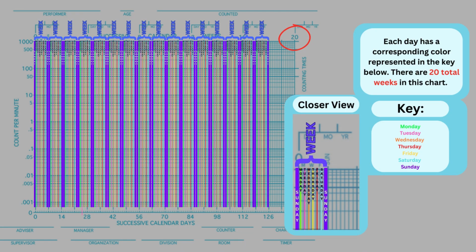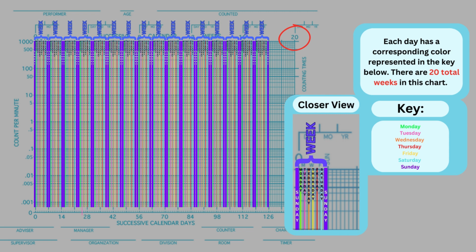I made this color-coded graphic to help people understand what all the lines mean. Again, purple line, Sunday. This green line is a Monday. This pink line is a Tuesday. Wednesday is orange. Thursday is yellow. Friday is red. And Saturday is blue, and so on.